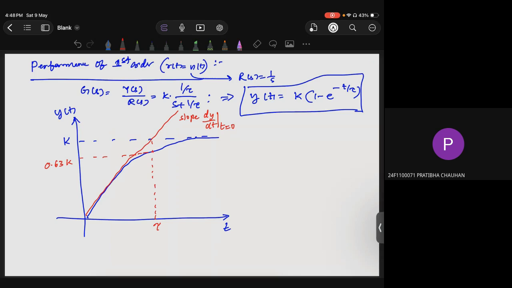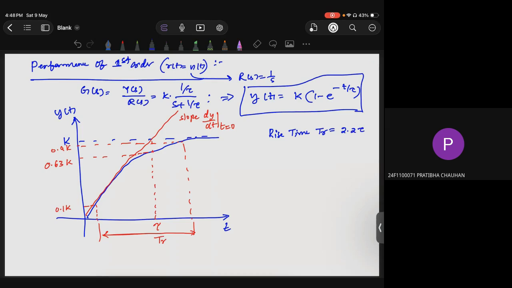Then you will see this time at 0.1 k, that means 10% of k, and this time at 0.9 k, 90% of k. The time between these two points we call the rise time, TR.